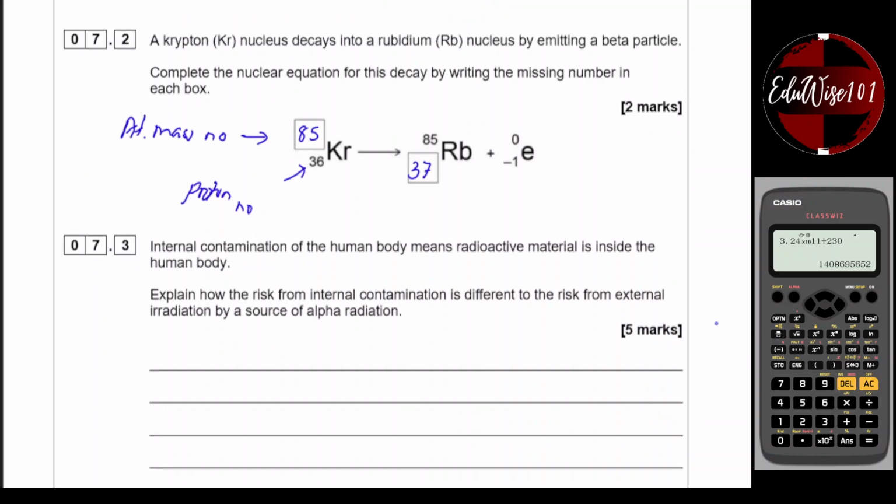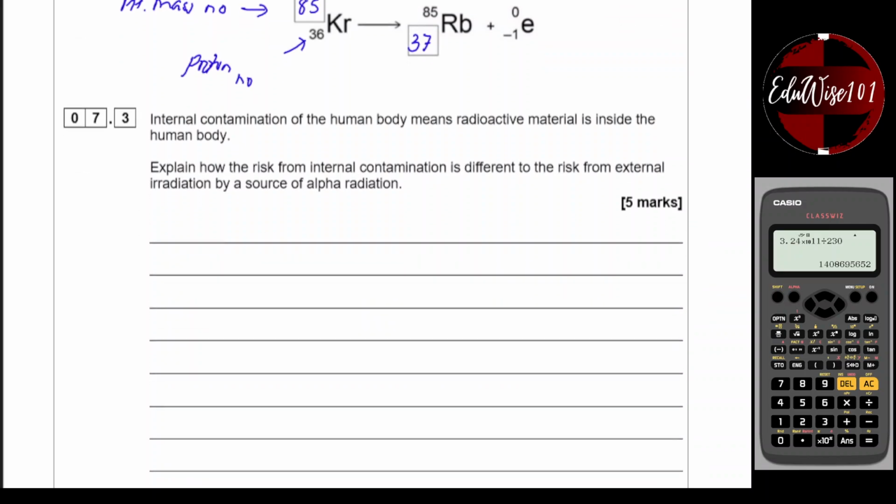Question 7.3. Internal contamination of the human body means radioactive material is inside the human body. Explain how the risk from internal contamination is different to the risk from external contamination by a source of alpha radiation. Now, if you have it on the skin, then it's external contamination.